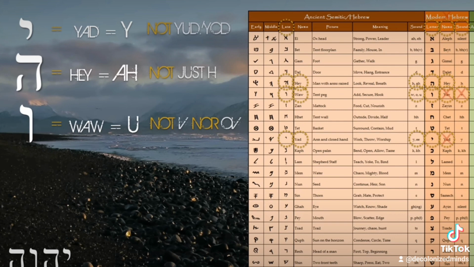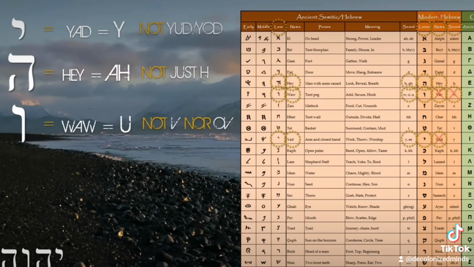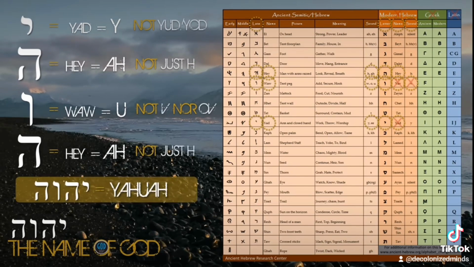These are not coincidences. One thing we already see for sure on this letter is it may be U or O or W, right? But it is definitely not V. And it's especially not OV, because that requires two letters, not one. It's not Av. So, we're going to prove indisputably this is a U. The fourth and final letter is another Hey.